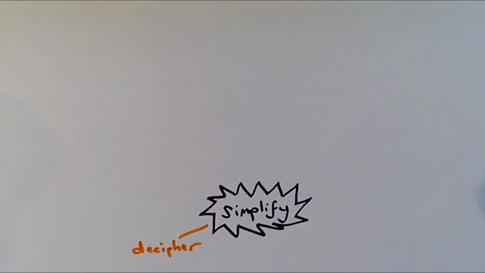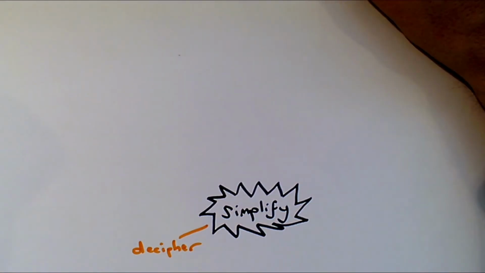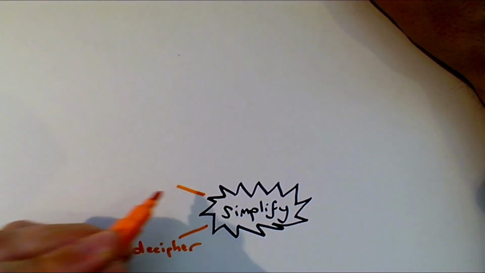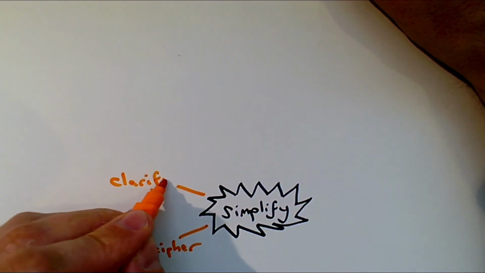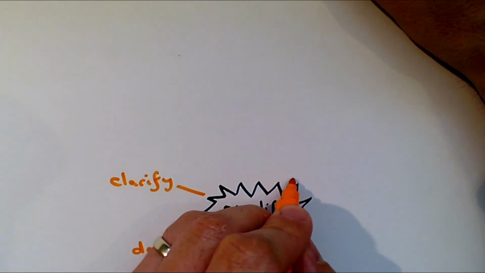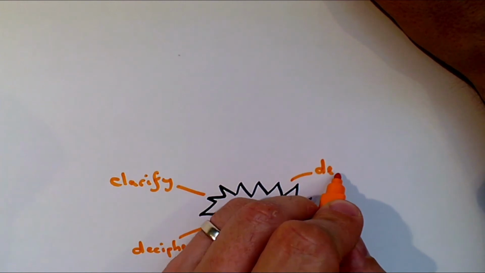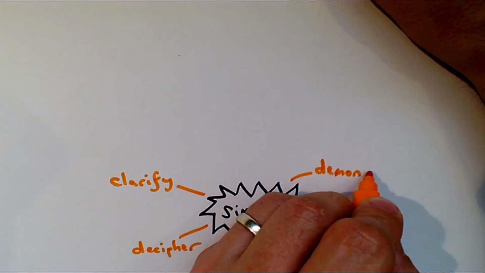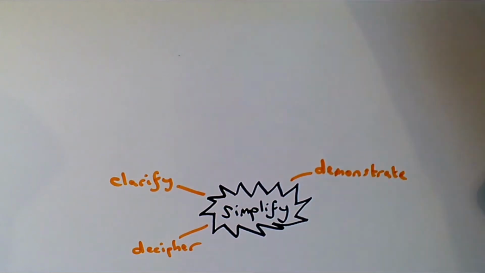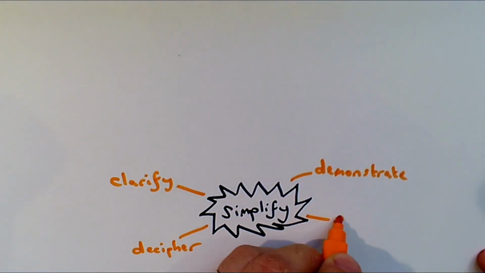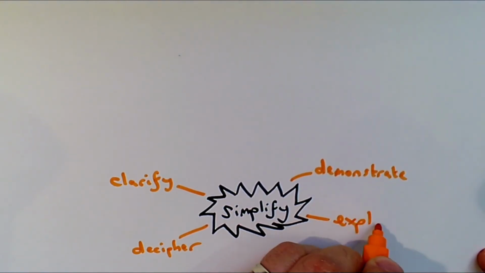I might talk about deciphering a code. Up here we'll have clarify. Here we can have demonstrate. And we'll have explain.